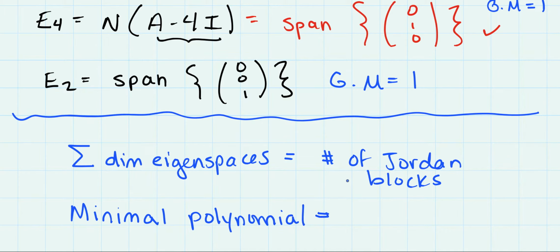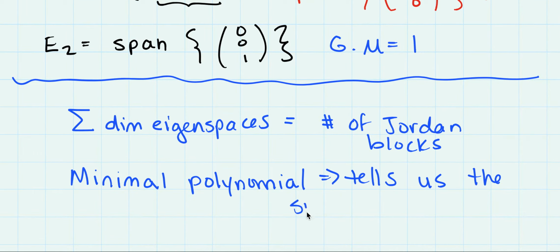That tells us the size of the largest block.